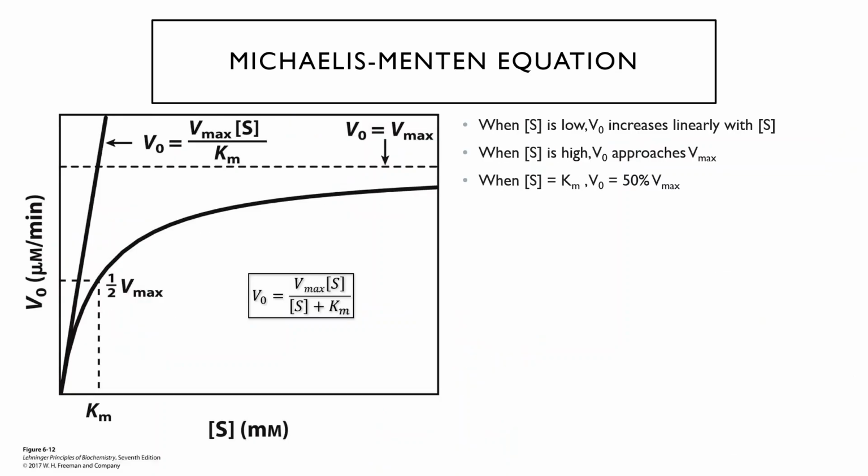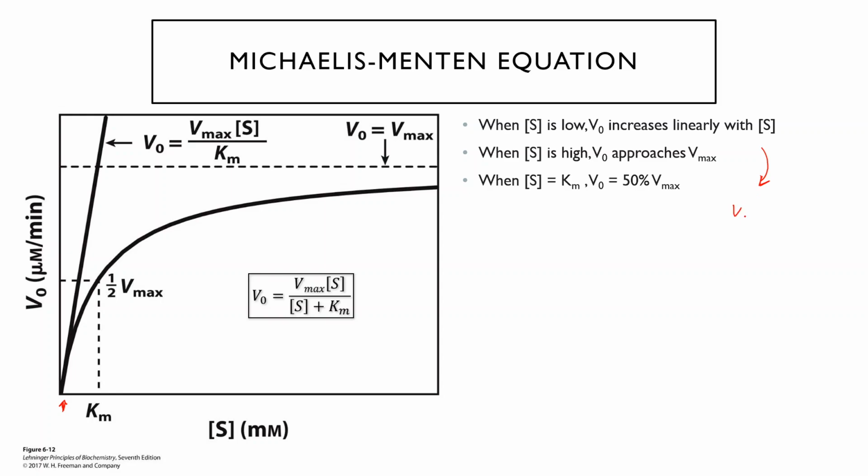So a couple things show up when we use the Michaelis-Menten equation. First of all, when the substrate concentration is very low, in other words, we're way down here at this part of the curve, basically it means that if substrate concentration is low enough, smaller than Km, we can basically ignore it on the bottom part of our equation.